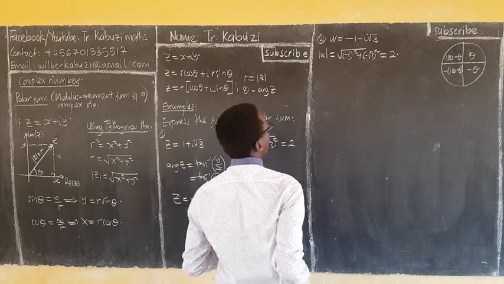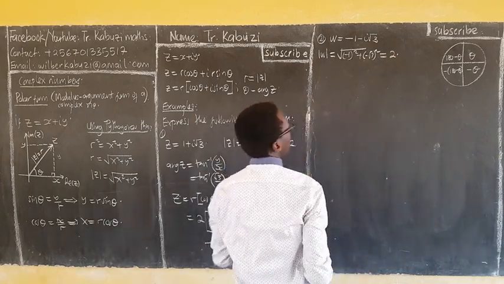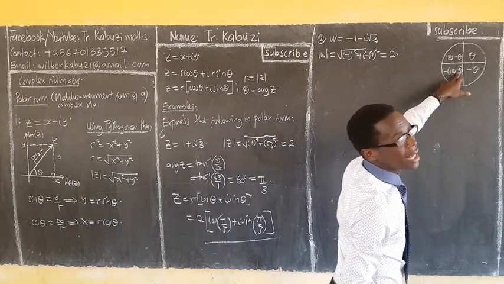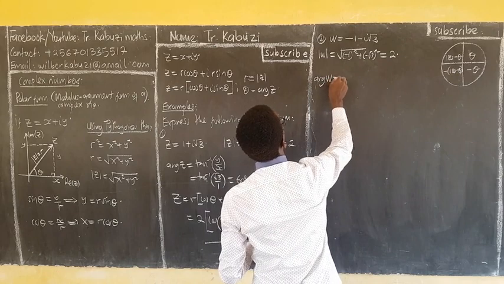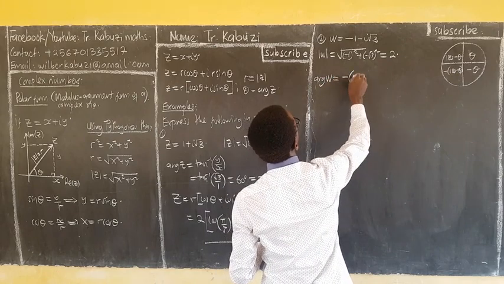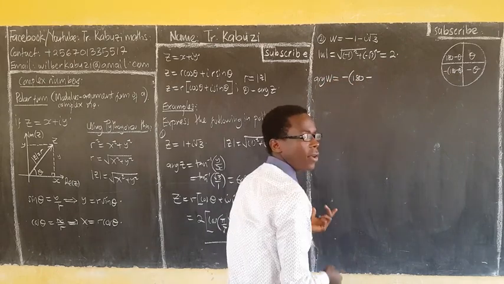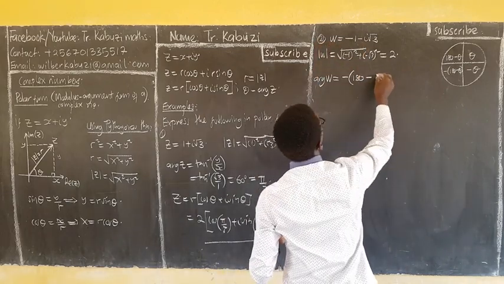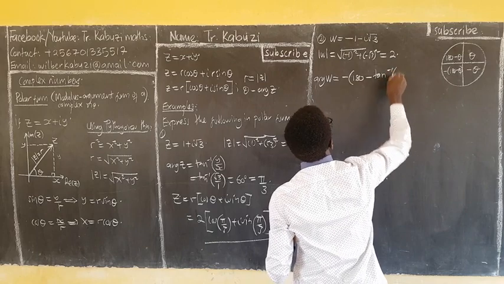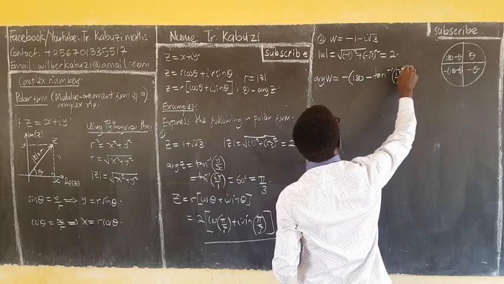Then for the argument, you get 180 minus the acute angle. So my argument of w will be negative into 180 minus the acute angle. How do we get the acute angle? For the acute angle we ignore the signs, it will be tan inverse of root 3 over 1, which is 60 degrees.